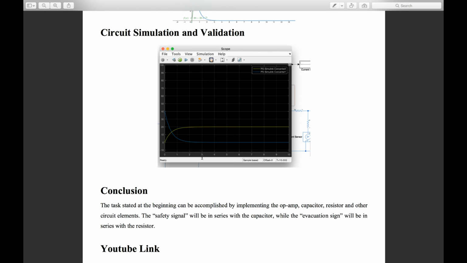And we come up with a conclusion that the safety signal will be in series with the capacitor because the capacitor branch is experiencing a decrease in current running through it, so the safety signal will be becoming darker, and the evacuation sign has to be in series with the resistor because the resistor current is increasing, and the evacuation sign will of course become lighter and brighter.